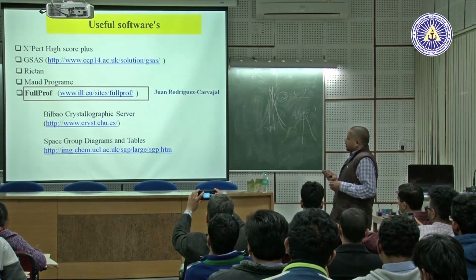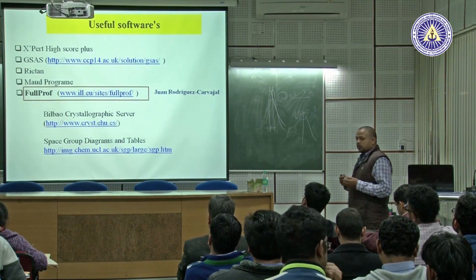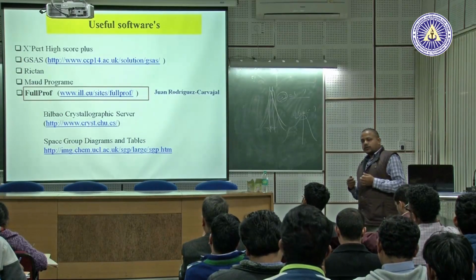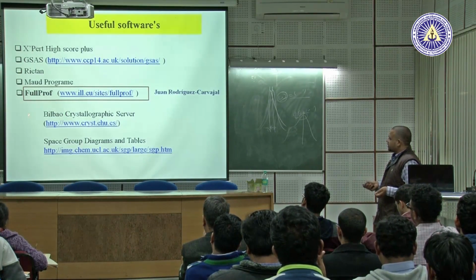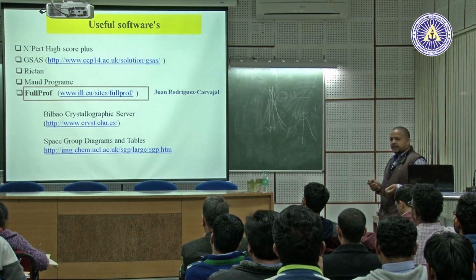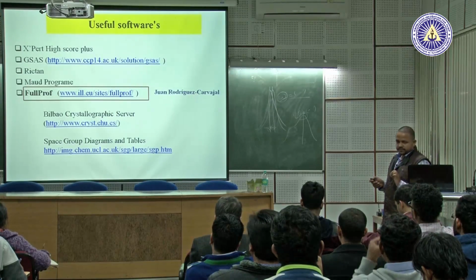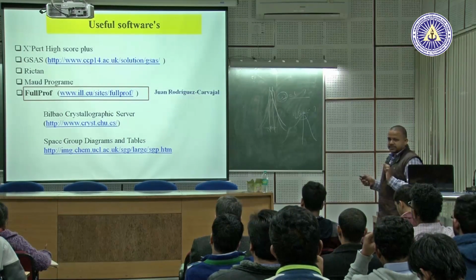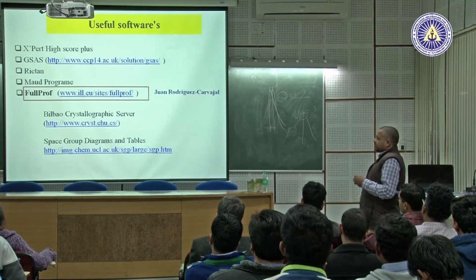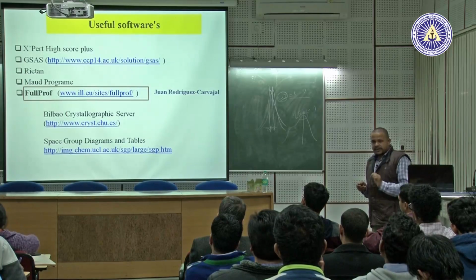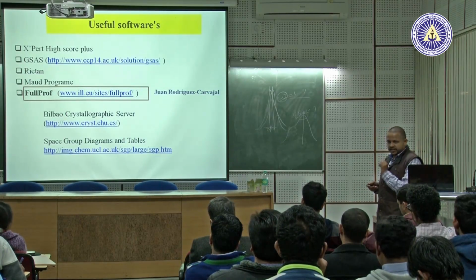Suppose you have XRD data, you did the indexing, and you also know the space group because you already have it from a database, and you also check from the Bilbao Crystallographic Server. It's a very good resource. It's not a software, it is a database, and you can see your space group, your matrix, your Wyckoff positions, a lot of information is here.